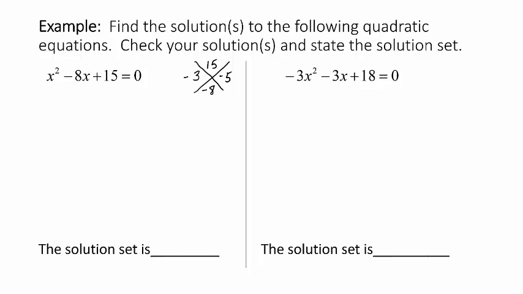Okay, so when I factor this, I'm going to have x minus 3 quantity times x minus 5 equal to 0, right? Okay, so because I have this in factored form now, it's a product and I've set it equal to 0, which means that either x minus 3 equals 0 or x minus 5 equals 0. Okay, solve both of those.